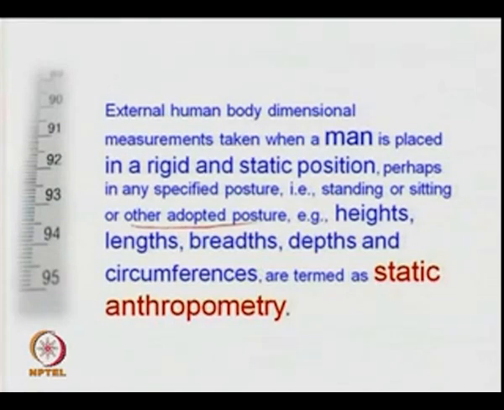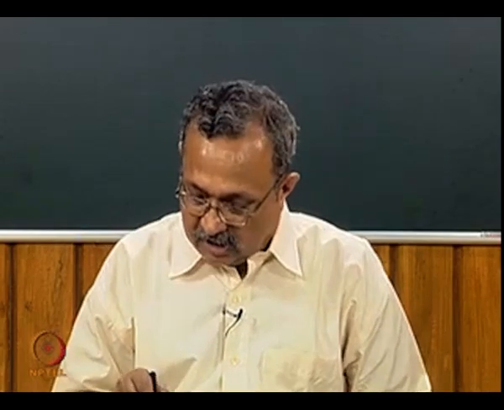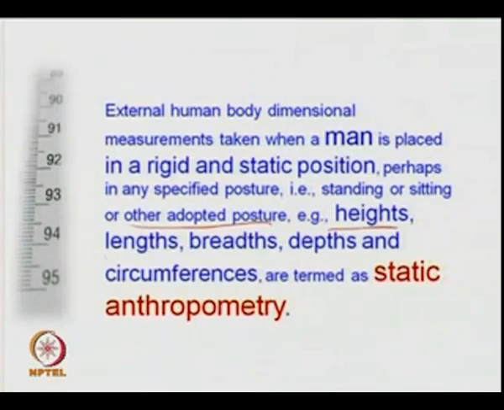In that posture or any other adopted posture for a specific task purpose, at that position, when we are measuring heights, lengths, breadths, depths and circumferences, these are termed static anthropometry.